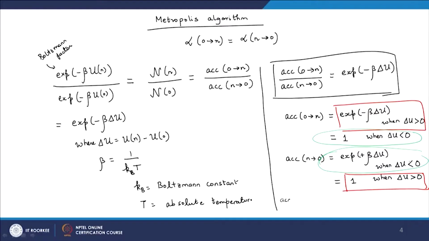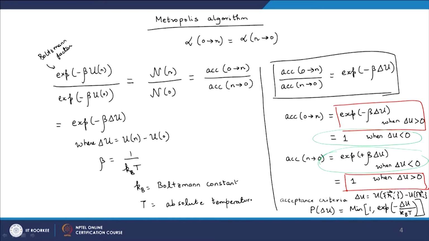So, this becomes my Metropolis algorithm, my acceptance criteria: P of delta u is the minimum of 1 and exponential of minus delta u by kBT, where delta u here is u for the new minus u for the old.